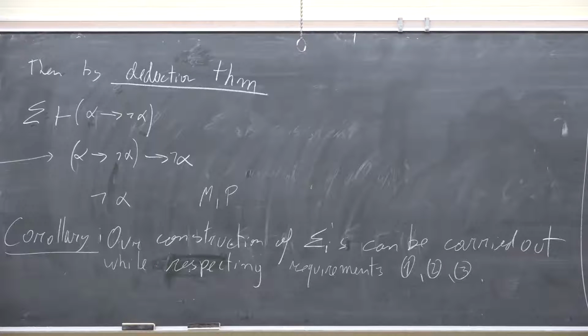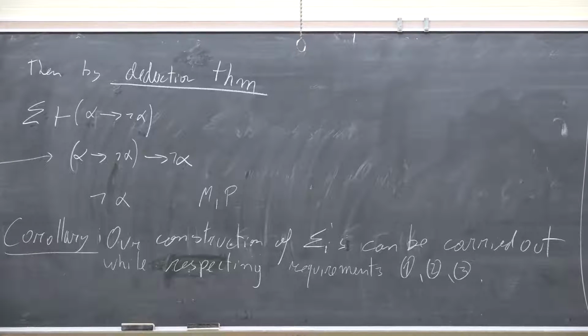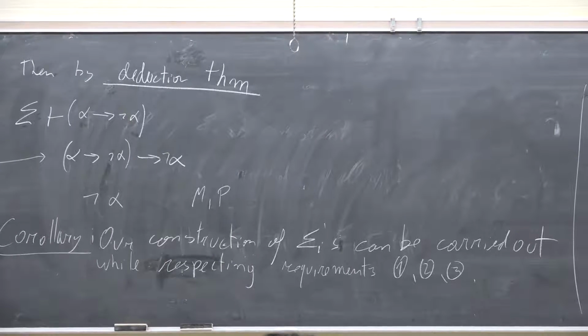What we do in our construction, we go to the next step and construct sigma I plus 1. It is not going to be inconsistent.